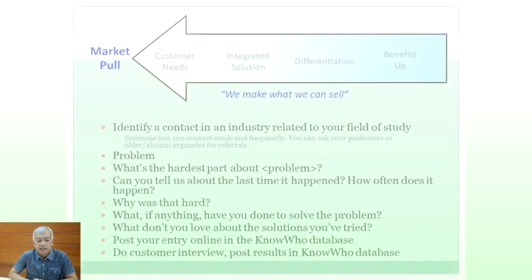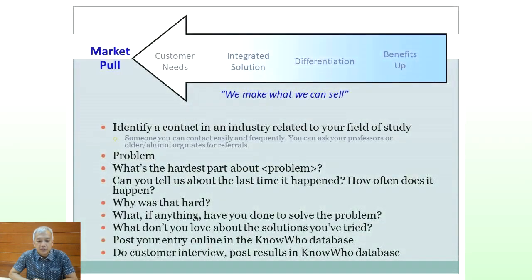Well, let's start with the know-who activity. This first activity involves finding a contact in industry, ideally related to your field of study. Having an industry contact that you can relate to and exchange technical information with is very critical, because if it's not in your area of expertise, you will have a harder time probing for details and understanding possible technical jargon in that field.